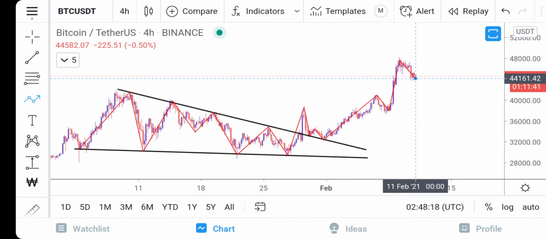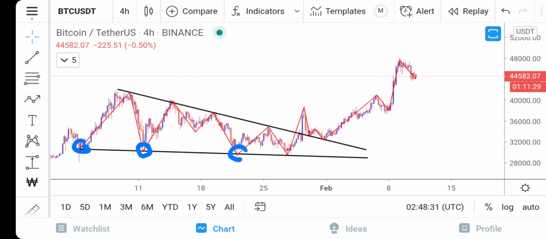As you can see, this is the Bitcoin price movement over the past months. If you are looking to buy, these are the areas you should be buying: 1, 2, 3, 4, and this retest here, 5. So you have 5 areas you can buy and make profits.